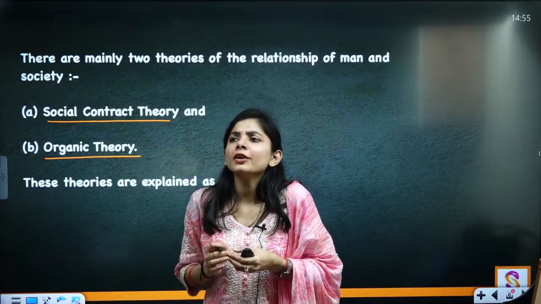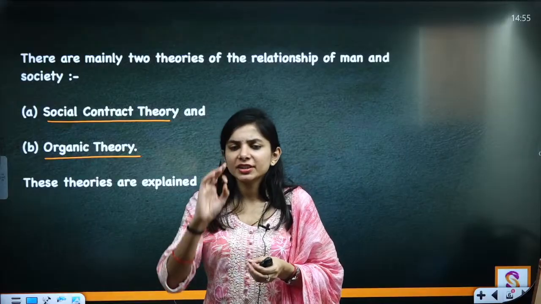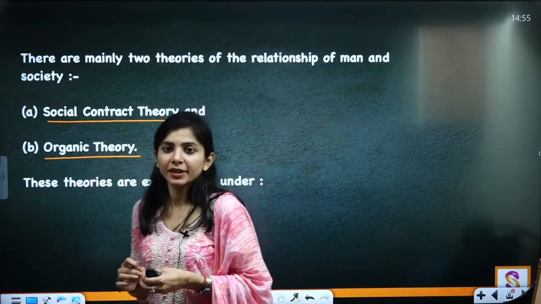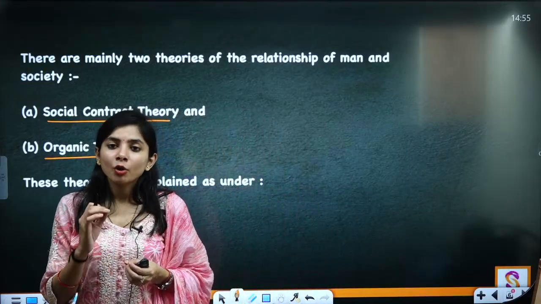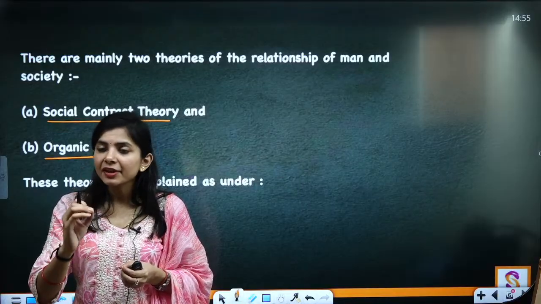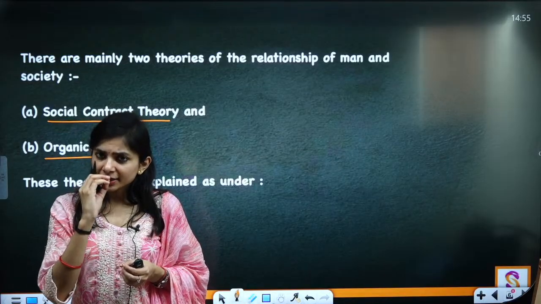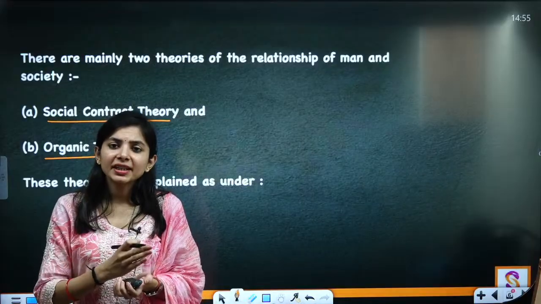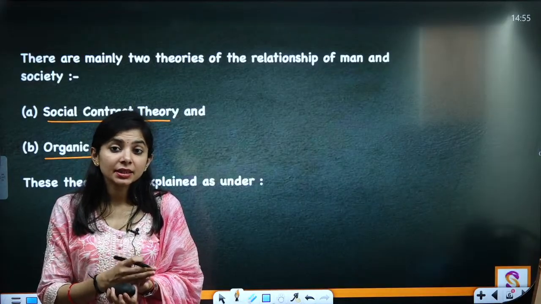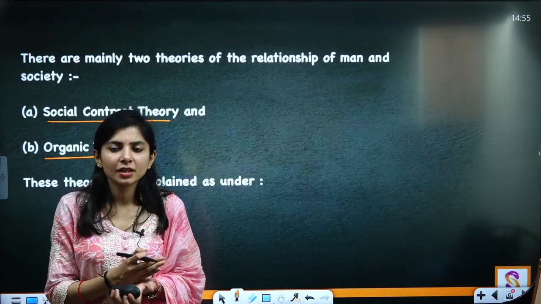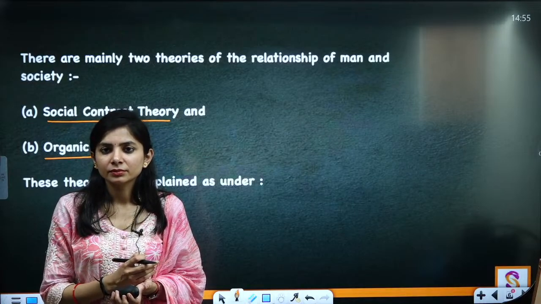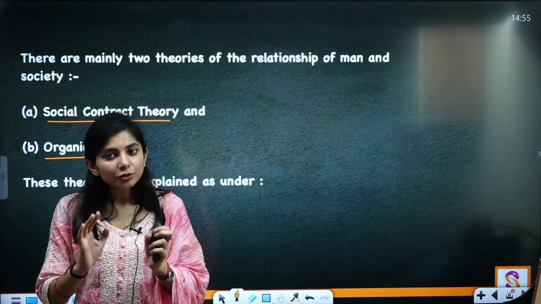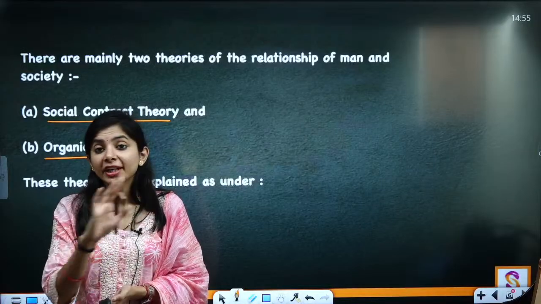Just tell me, if there is no fear of the traffic police, would any person concerned about their own safety wear a helmet? Would they like to wear the helmet? Not at all.